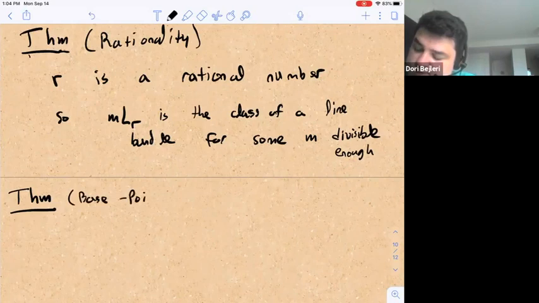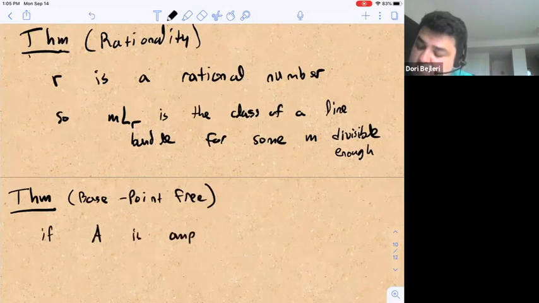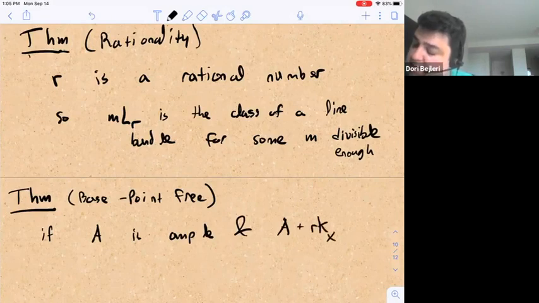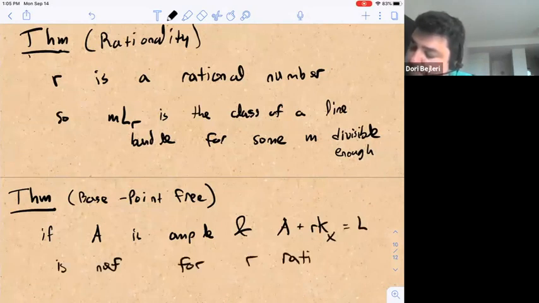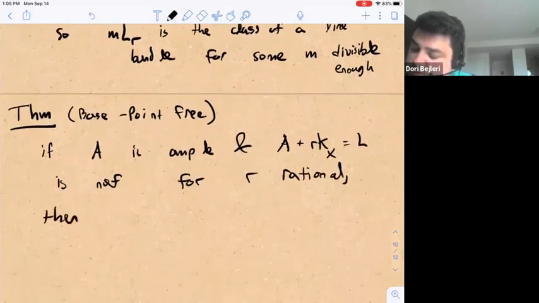Here, I'll state it in this setting, but we're going to prove a much more general version later, which is that if A is ample and A plus rK_X, let's call this L, is Neff for r rational, then L is semi-ample.